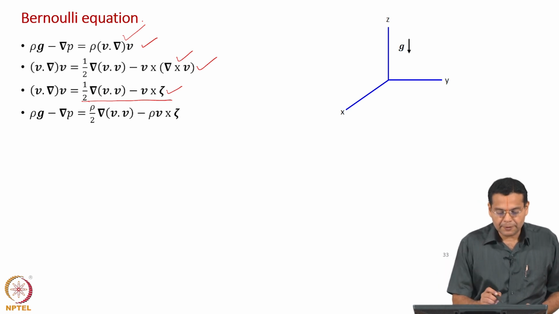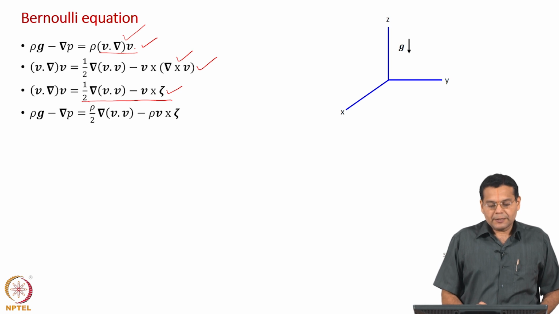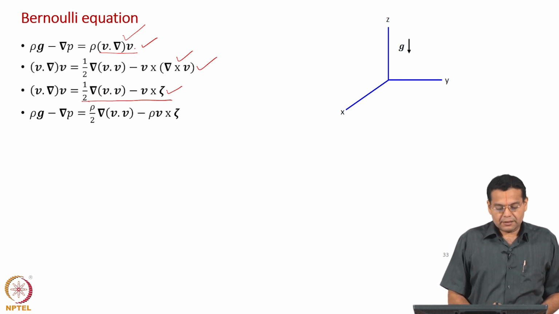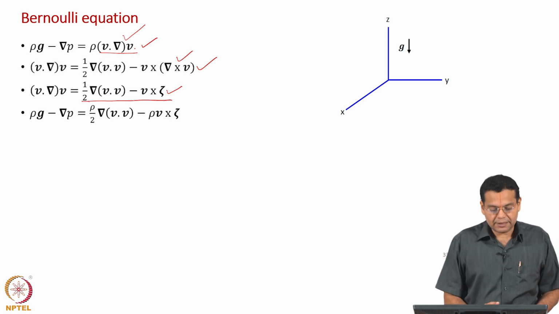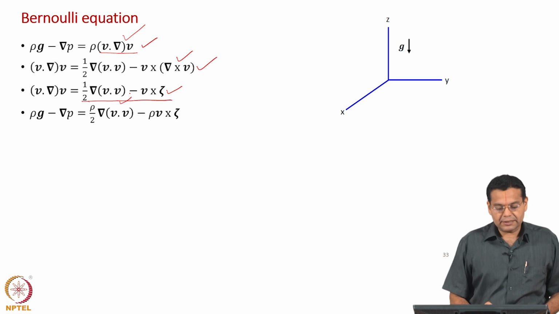What we have done is taken this V dot gradient operator operating on the velocity, that is the convective acceleration term, and replaced it using this vector identity.